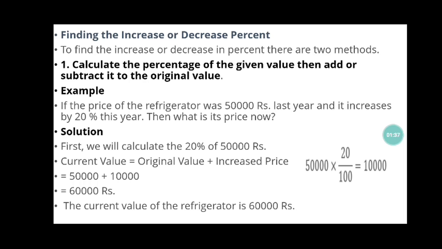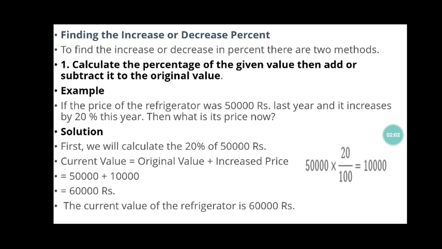Okay, so for this we have a formula. Current value equals original value plus increased price. Our original value is 50,000 and our increase percent is 20%.